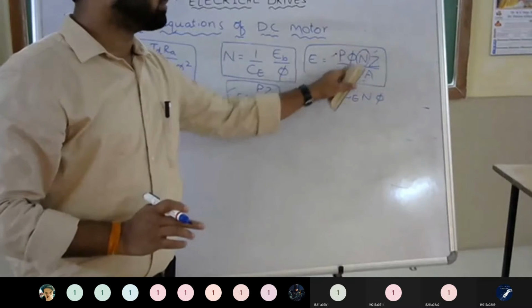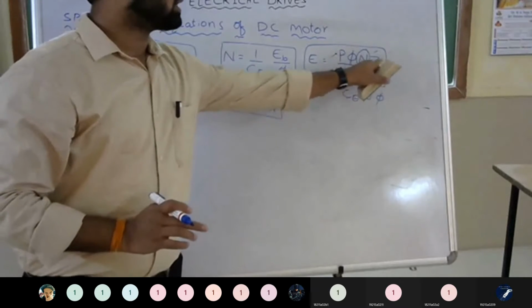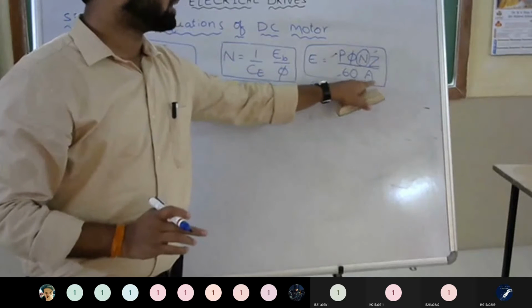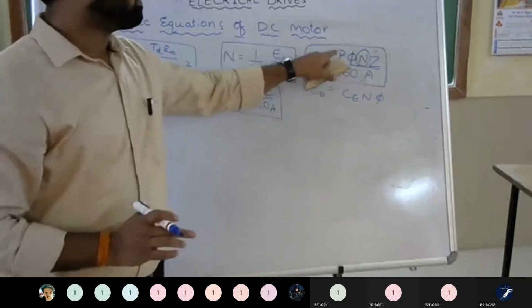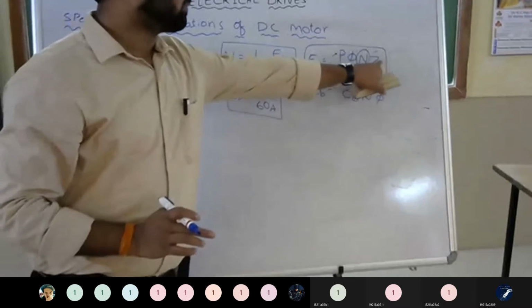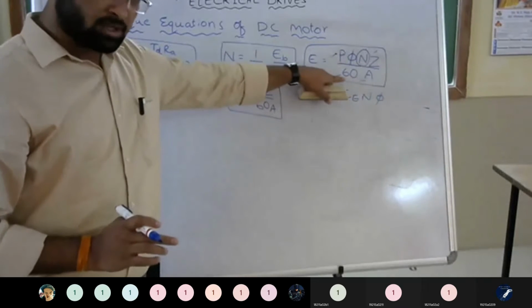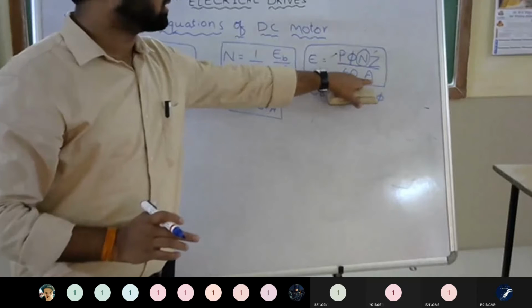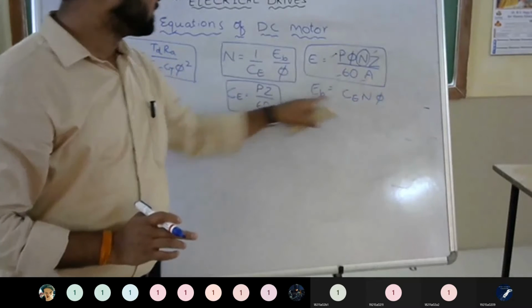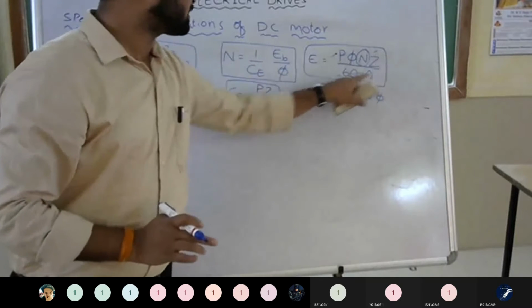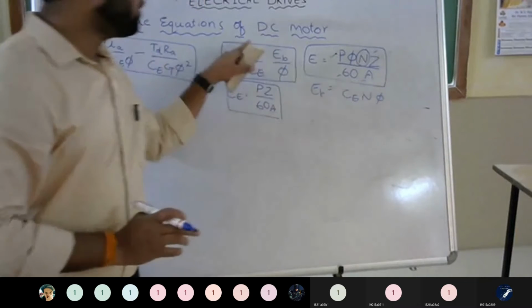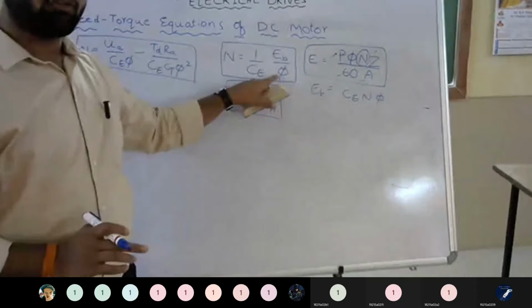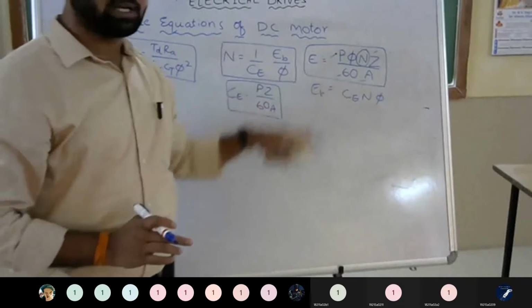N by 60. How many conductors? Z conductors. How many parallel paths? A. So this is the equation. Which are the constants? Number of poles, number of conductors, 60 and the parallel paths are constants. Those things we consider as CE. CE is equal to PZ by 60A. EB is equal to CE into N into 5. N is equal to 1 by CE, EB by 5. So this is the speed equation.